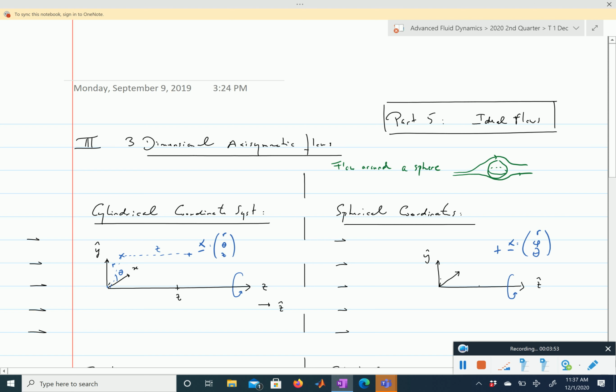And so think about a line going from the origin of your coordinate system to the point, so you can think of r as the distance between the point and the origin.